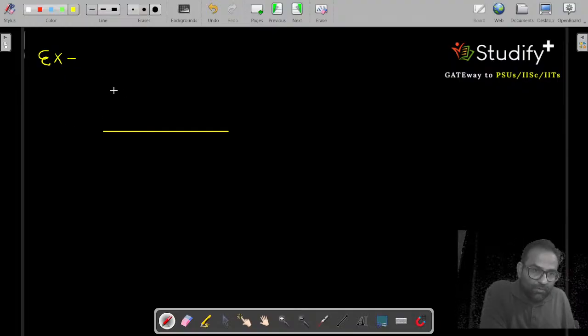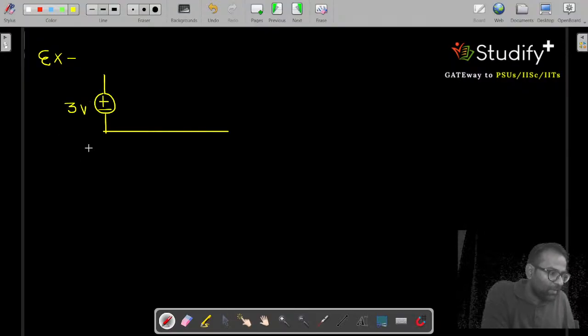Here the value is V naught, and the value of V naught is 3 volt. What else is given?